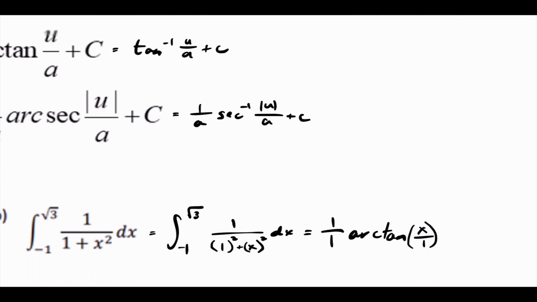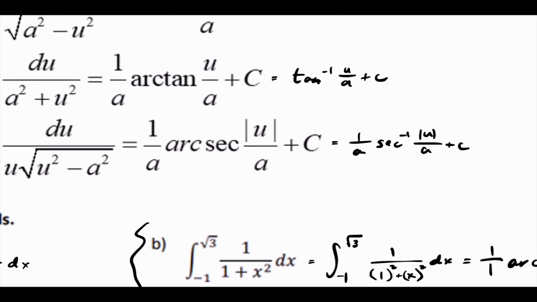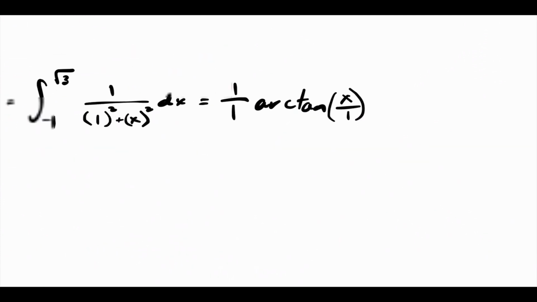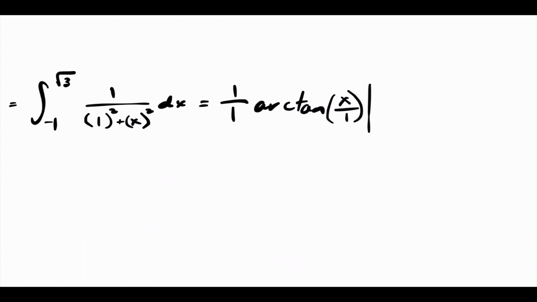Plus c. But again, we don't need a plus c since we have bounds. And we're going to evaluate it from the square root of 3 to negative 1.